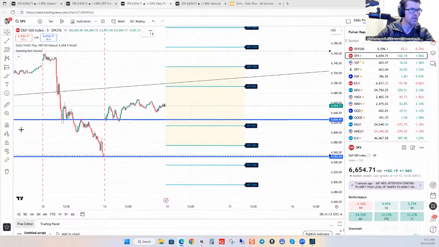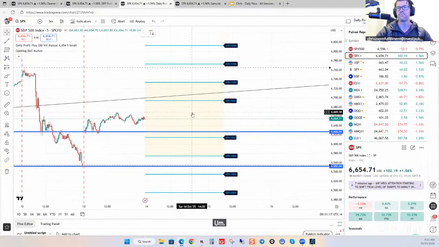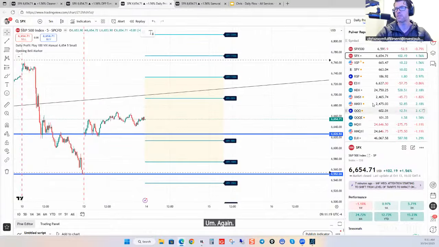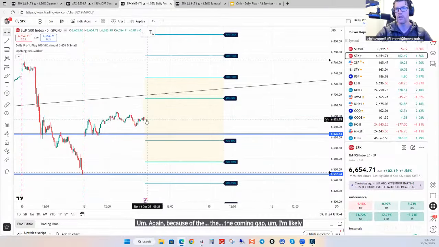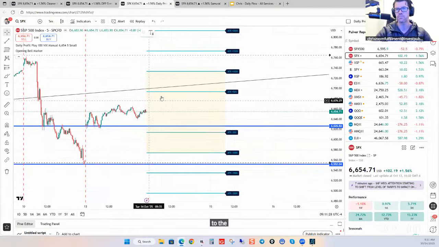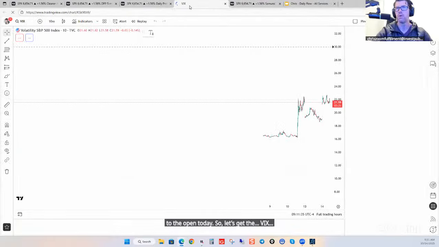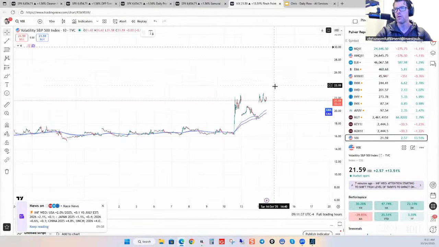Okay, so today, let's get my ATR levels here. Again, because of the coming gap, I'm likely going to modify this reference point to the open today. So let's get the VIX open.